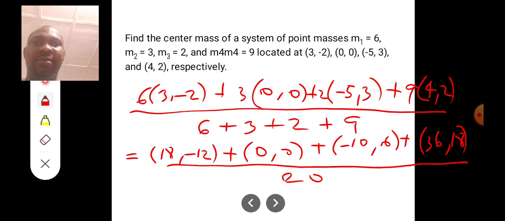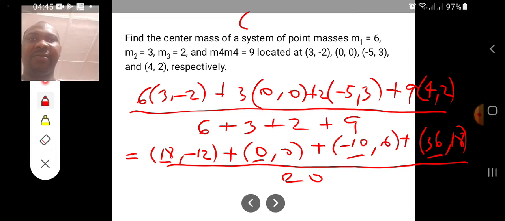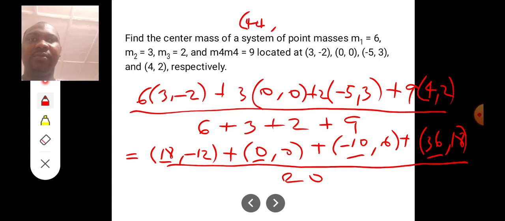So if I add up all the x, 18 plus 0 minus 10 is 8, plus 36 is 44. Then for y, minus 12 plus 0 is minus 12, plus 6 is minus 6, plus 18 is 12. Everything divided by 20.